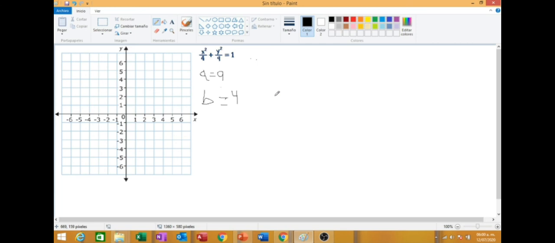You have to take the square root of the 2 to get the semi-major and semi-minor axis.